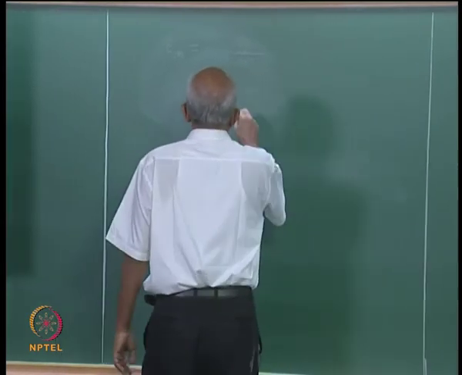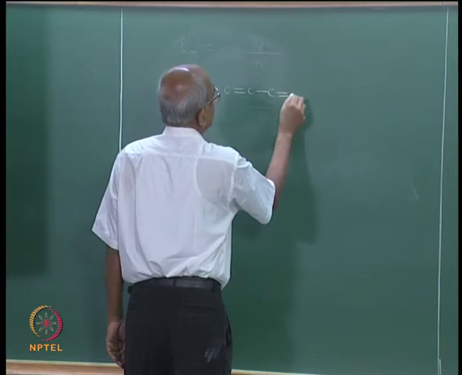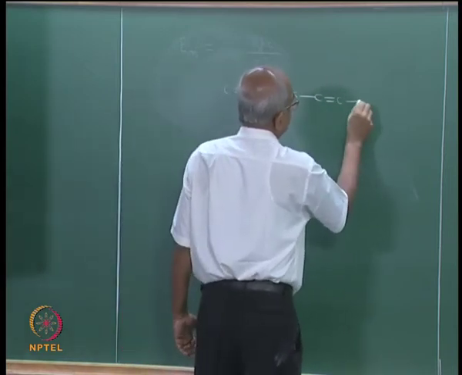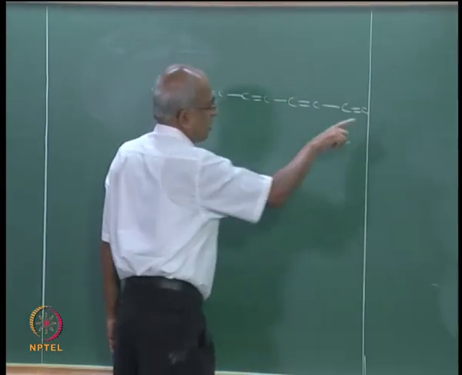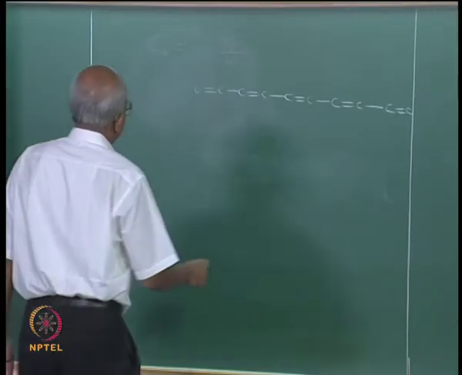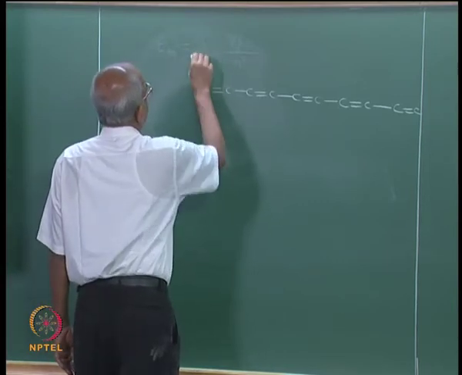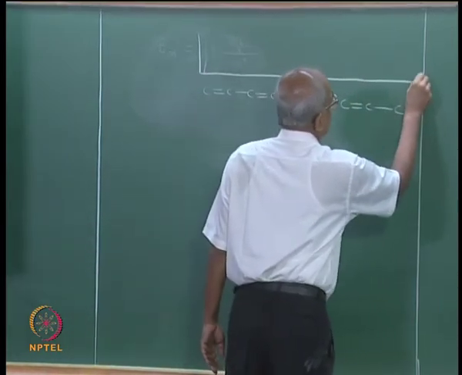Suppose I talked about a conjugated system, maybe something like this. There are hydrogen atoms, I am not showing them, as many as you want to satisfy the valencies of these carbon atoms. The simplest thing is to say I would have a particle in a one dimensional box which looks probably like that.